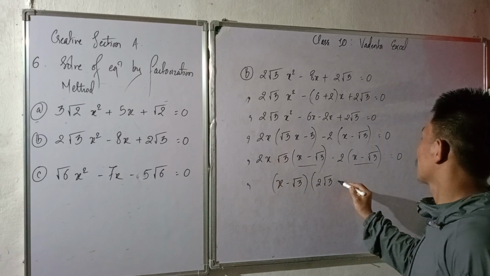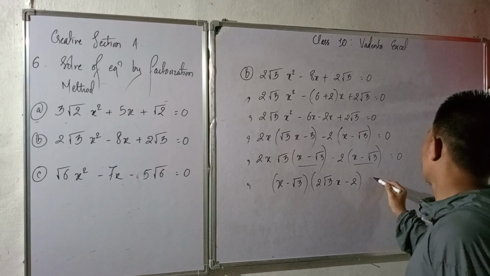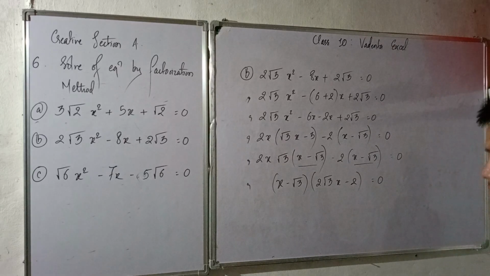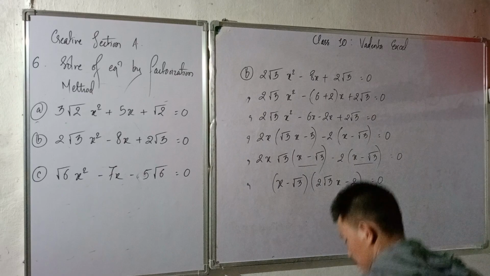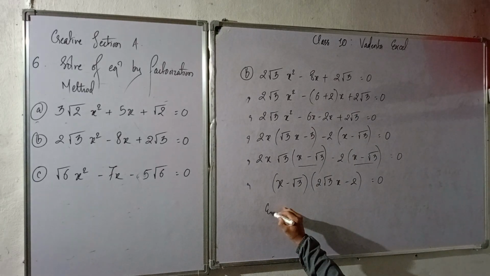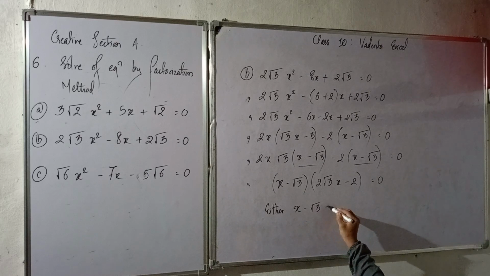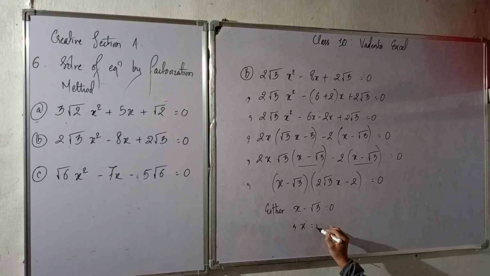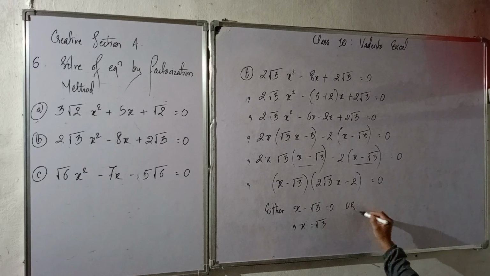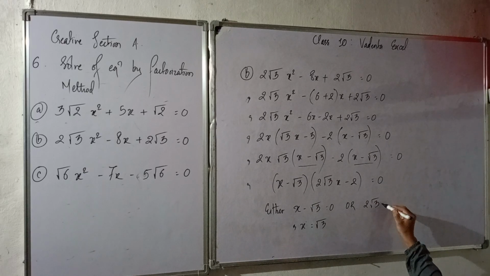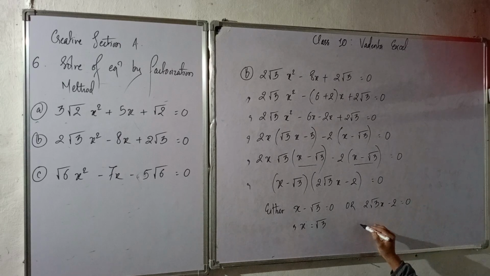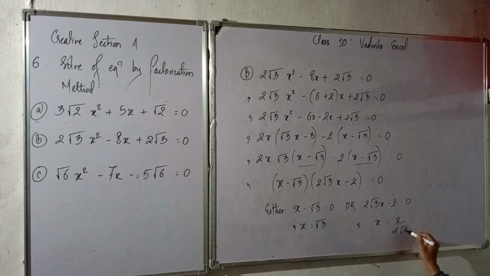2 root 3 x minus 2 equals 0. Now you can just check the answers. Either x minus root 3 equals 0, or x equals root 3, or 2 root 3 x minus 2 equals 0, or x equals 2 by 2 root 3, or x equals, 2 cancels, this becomes 1 by root 3.